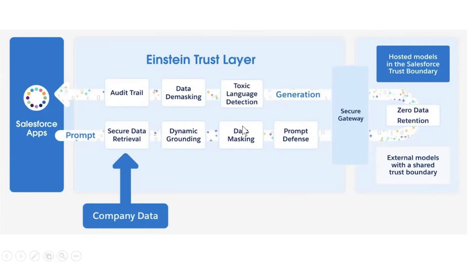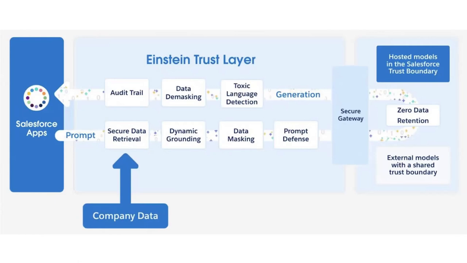The data which has been masked is demasked again. When we include details in the prompt, at the time of sending, the information will be masked, and once we get the response, it will be demasked and the values will be replaced with the original values.